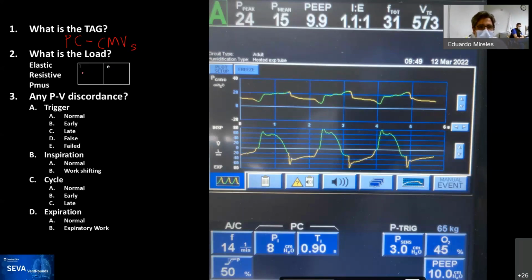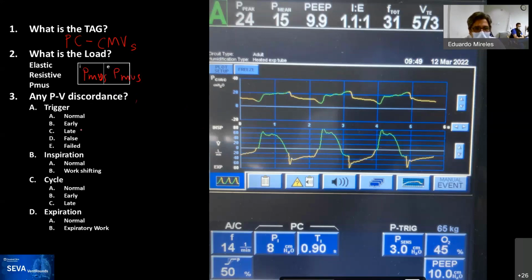Pretty hard. The tricky part is the load. I do see that during inspiration there's this bending of the concave flow waveform, and that would indicate that there is some distortion happening. So I would say it's PMA. Expiration, I don't see a beautiful decay. I actually see some active exhalation, so I'll call it PMAS as well.